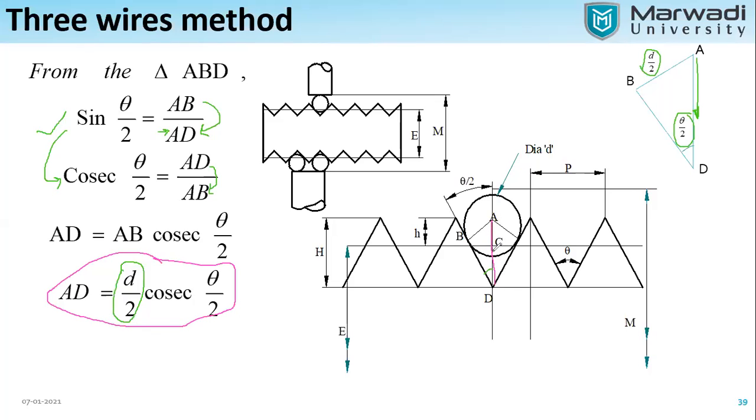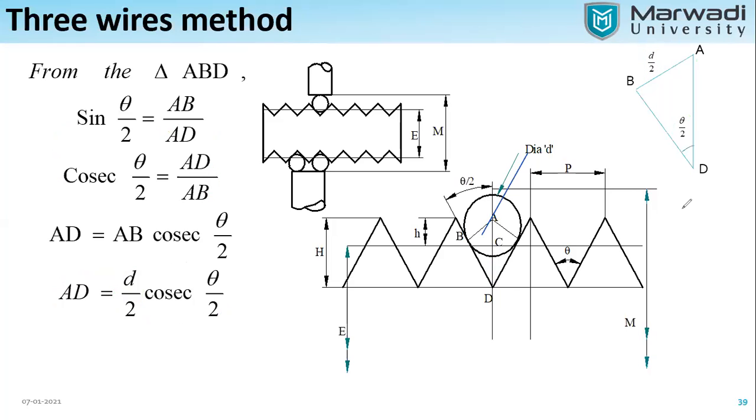Now we want the answer of CD. If we have the answer of CD, then our task will be very easy. So how can we get it? Is there any suggestion how we can get it? The CD distance we can find from here. We have to use this triangle.